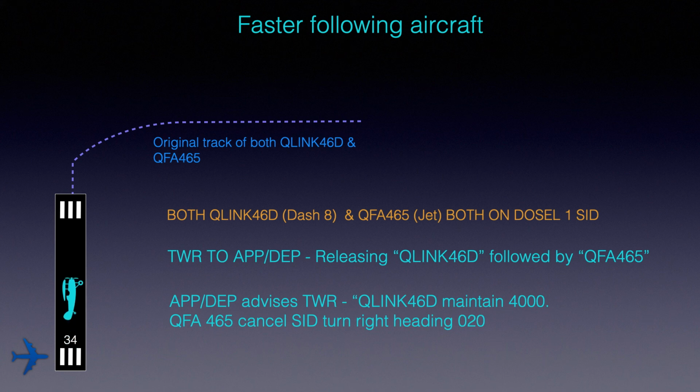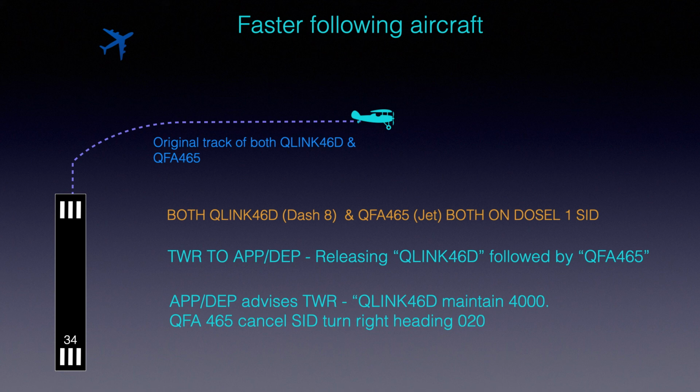Okay, so off goes Q-Link 46 Delta. Now he's maintaining 4,000. Okay, don't forget, so that's important. So now the jet has been released and now he's turned to a heading of 020, so he's flying basically to 020.